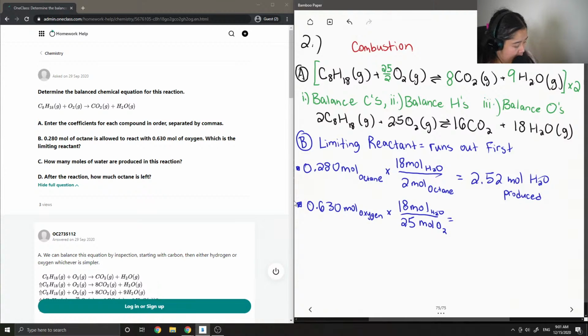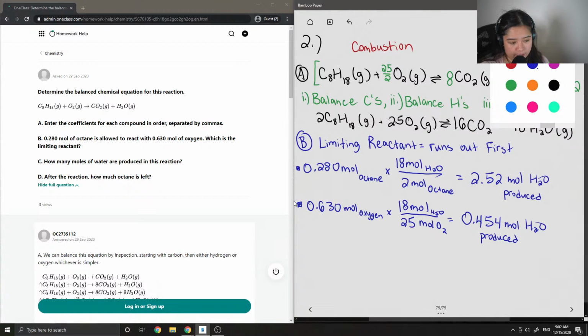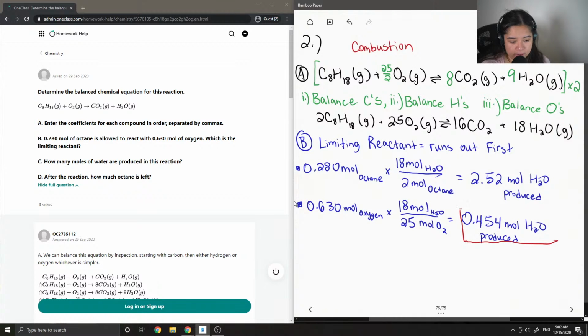And if we do this calculation, you'll notice that only 0.454 moles of H2O is produced. And since it is less than how much the octane produced, then we can say that oxygen is our limiting reagent.